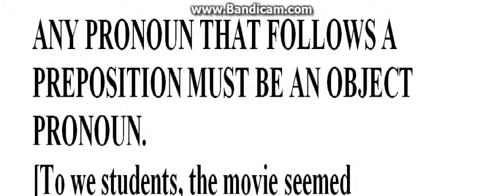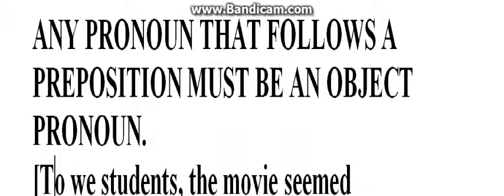For example, would you ever say to we students, the movie seemed marvelous? What's the preposition in this sentence? The preposition is to, okay, because that indicates setting. To we students, the movie seemed marvelous. The sentence is wrong because the pronoun that follows the preposition has to be an object pronoun. We is a subject pronoun.